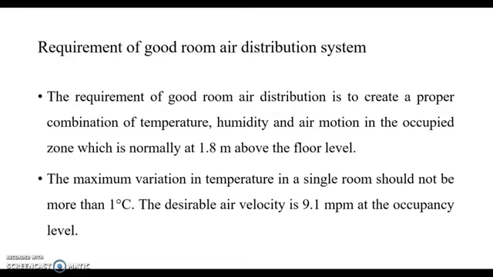The next requirement is that the temperature variation in a single room shouldn't be more than 1 degree Celsius. The temperature variation in the conditioned room should be less than 1 degree Celsius. The desirable air velocity is 9.1 meter per minute at the occupancy level.